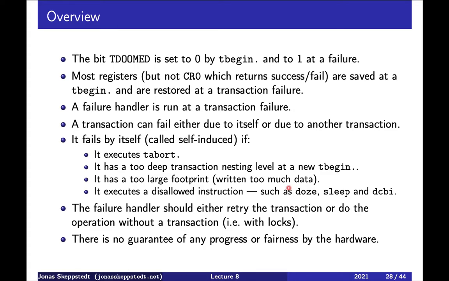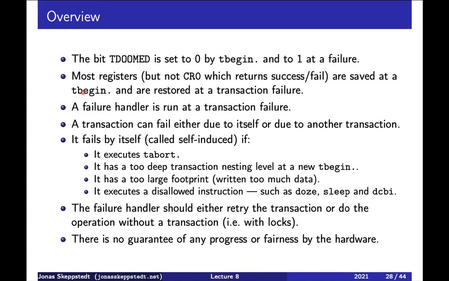So there is a bit called the transaction doomed, and it's set to 0, as expected, at the beginning and to 1 at failure. Okay, so at the beginning most registers are saved automatically at this tBegin, but not this one, since it will contain the result of the instruction.